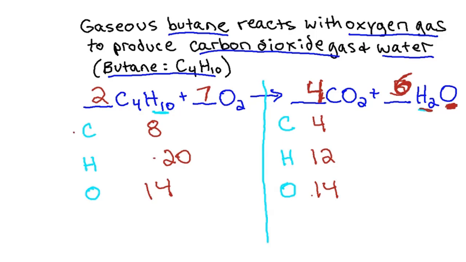Go back up to number 1. If we have 8 carbons on the left, 4 carbons on the right, then we need to change this 4 number into 8. So now we have 8 carbons, but now that's going to change our amount of oxygens, isn't it? So we're going to have 8 times 2 oxygens, which is 16, plus the 6 oxygens that we have over here. So that's going to be 22.